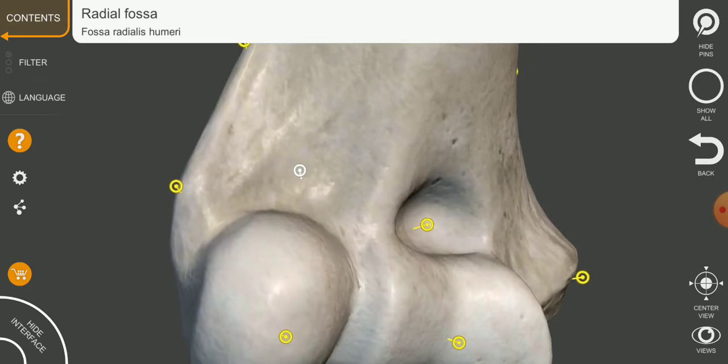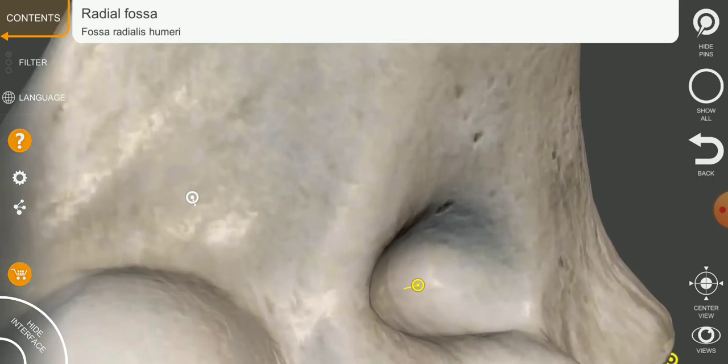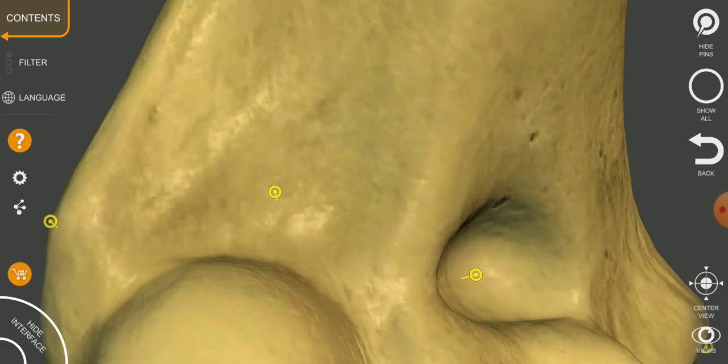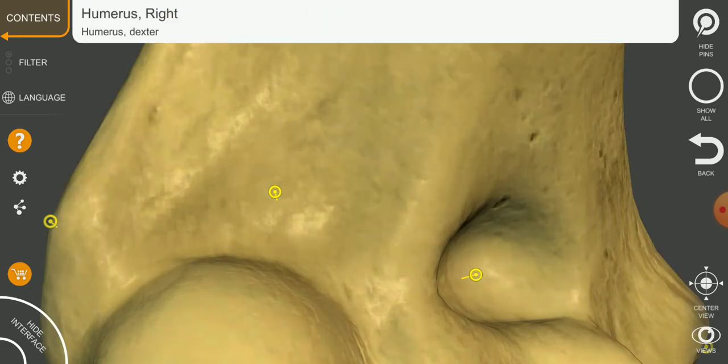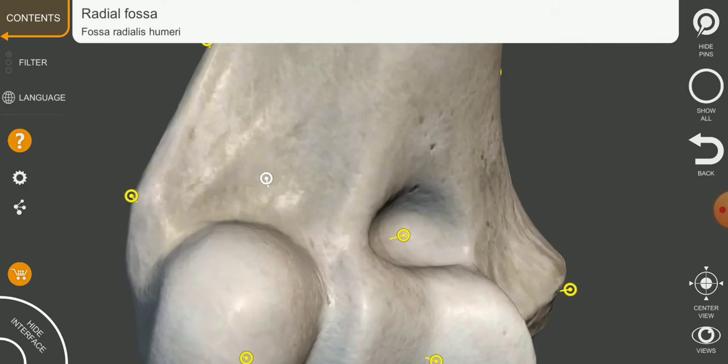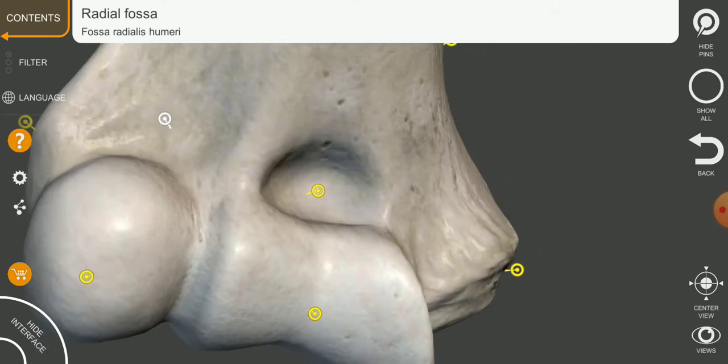So here we have a fossa for the radius, and that is the radial fossa. And here we have the one for the ulna, that is called the coronoid fossa.